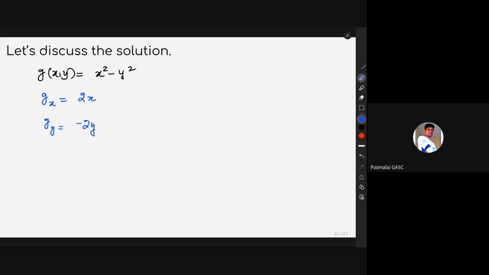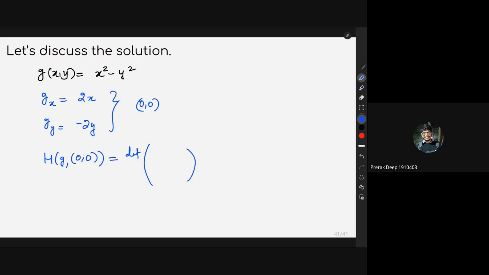Okay, and if you find the Hessian of this g, the critical point will again be the origin. If you calculate the Hessian at this point, which is nothing but the determinant of this thing, you get -4, which is negative, implying that it is a saddle point.